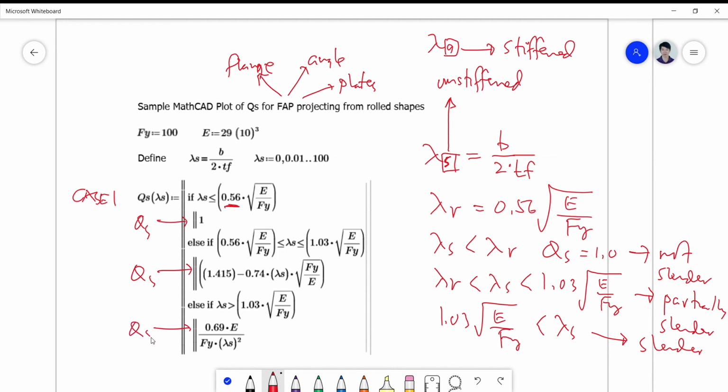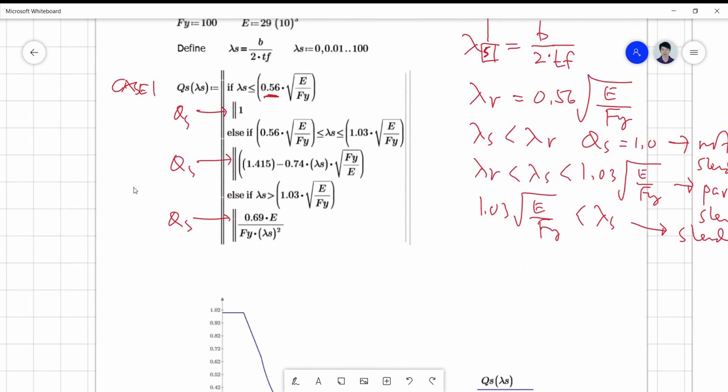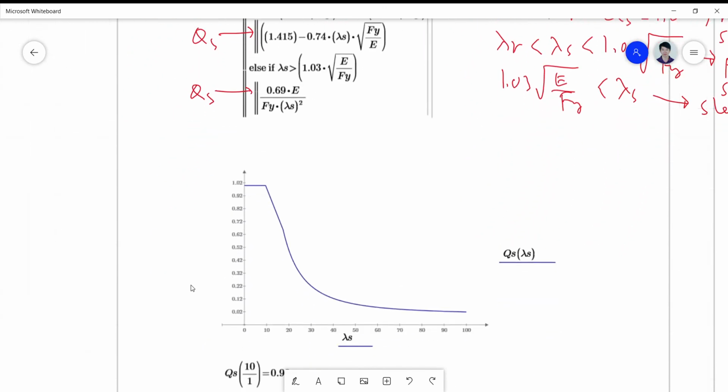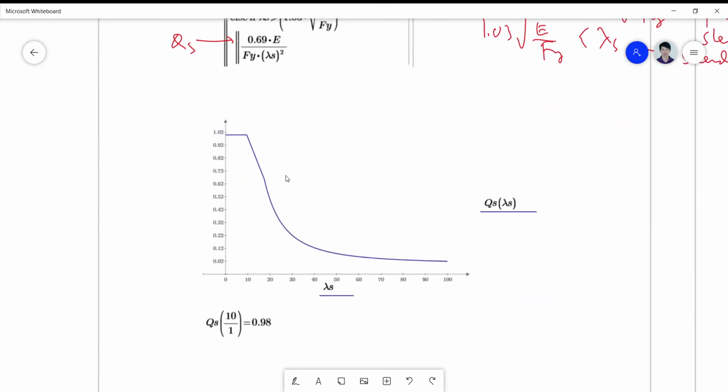So the graph of this equation, as programmed, is represented by this value here. All you need to get is your lambda s. If it falls here, then you just compute from the graph.